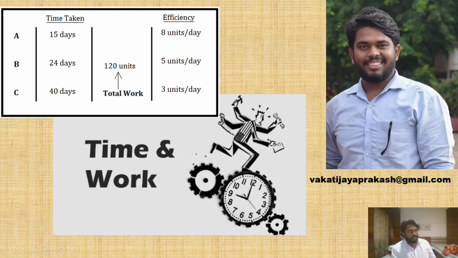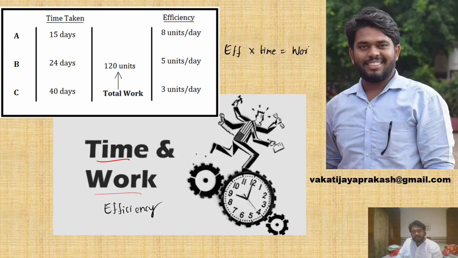From the name itself you can understand we are going to deal with time, work, and work rate. Work rate is nothing but the efficiency. So the basic formula in this topic is efficiency multiplied by time gives you the work done. This is what the entire time and work topic deals with.